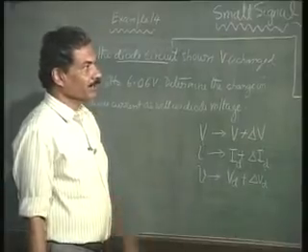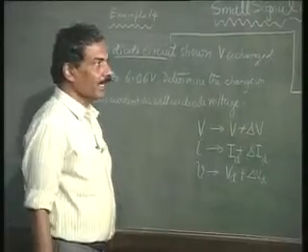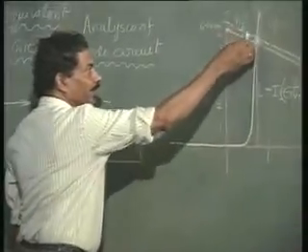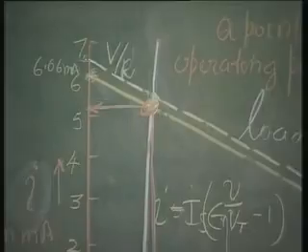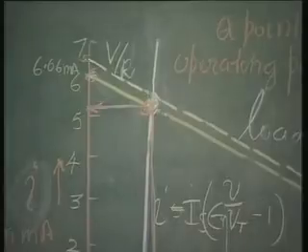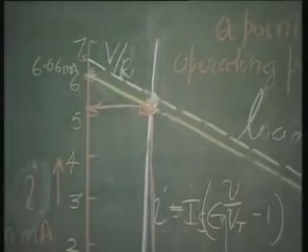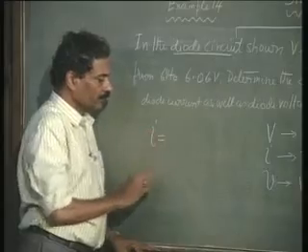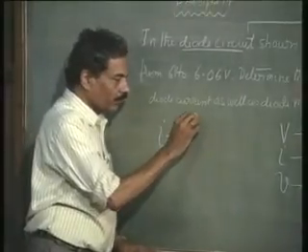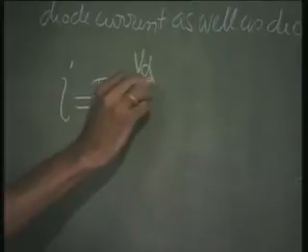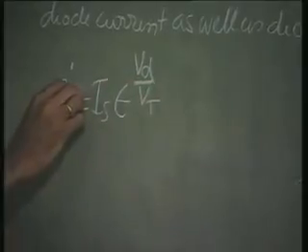By using certain approximation. The approximation is that around this operating point everything is linear. The characteristic is linear, and therefore we can replace the diode by an equivalent circuit or a resistance. So how do we go about understanding it in terms of characteristic? I through the diode is Is exponent voltage across the diode by Vt approximately.